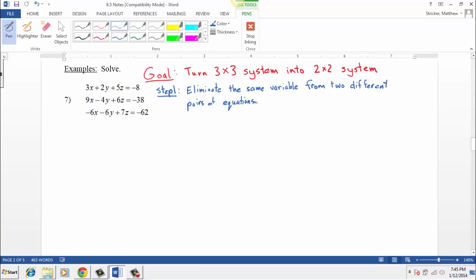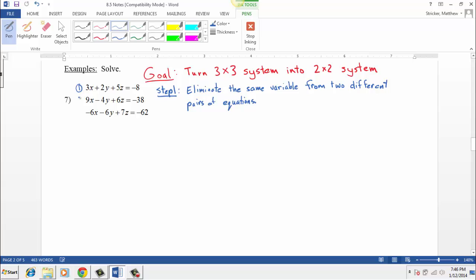So if I'm looking at this problem, I might choose to eliminate the variable y, because I noticed that 4 and 6 are both multiples of 2, and we're going to eliminate the exact same way that we did in the 2 by 2 problems. We're going to use the elimination method.